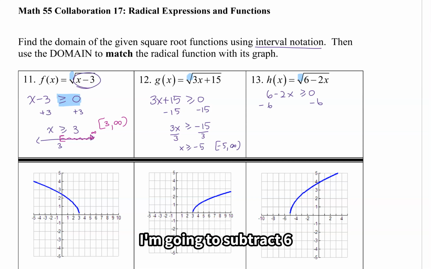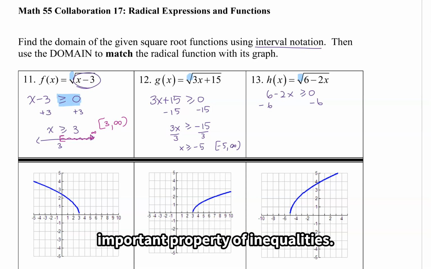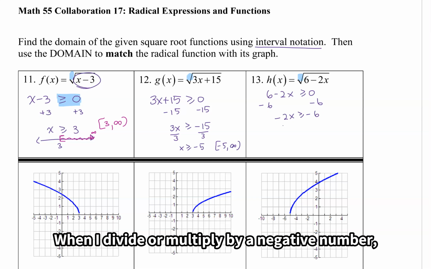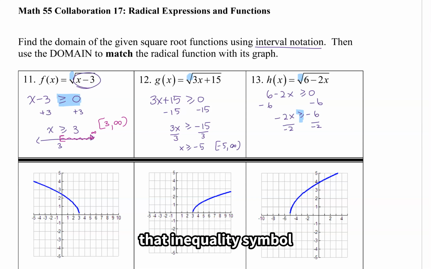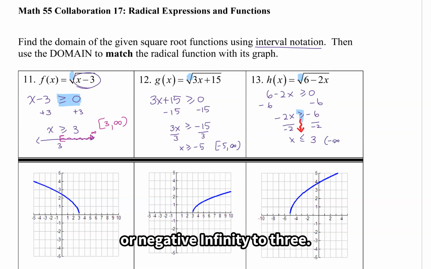I'm going to subtract 6 so that I can remind you of a very special, important property of inequalities. Negative 2x greater than or equal to negative 6. When I divide or multiply by a negative number, that inequality symbol flips around. So x is less than or equal to 3, or negative infinity to 3.